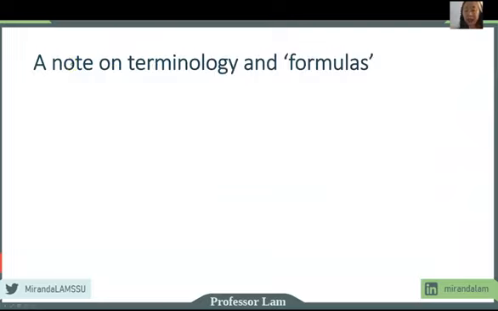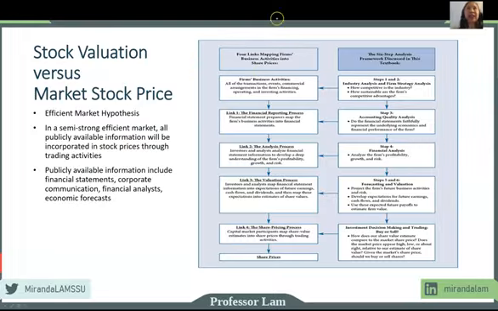We may not have done our analysis correctly, so we may come up with a valuation that is wrong. Or our valuation is correct, but the market stock price is not reflective of the true valuation of the stock.